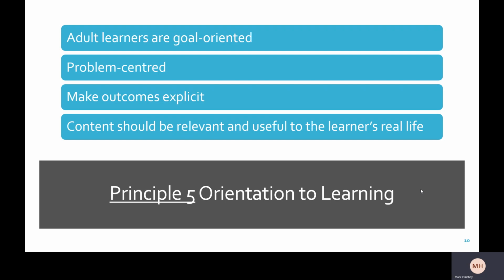And students want you to make the outcomes for a session, an individual session, for a formative assessment, for a summative assessment, for their future real life world circumstances. They want you to make all of that explicit, make it relevant, make it useful. It must be effective. It must be feasible. It must be appropriate.